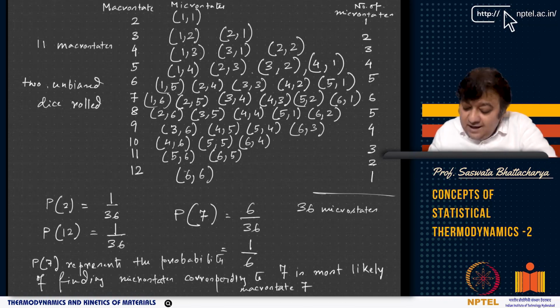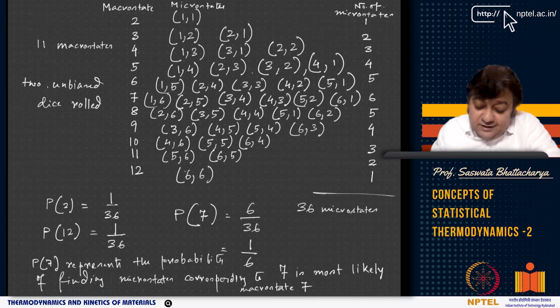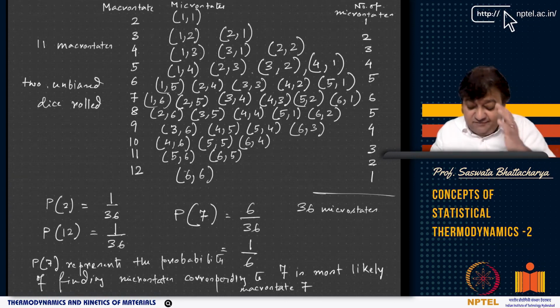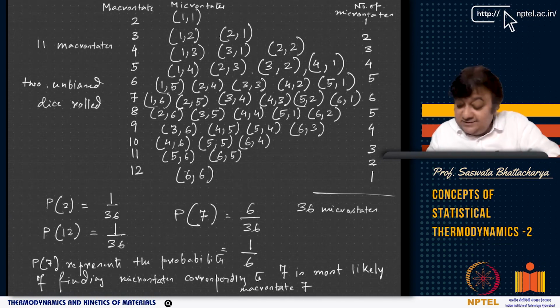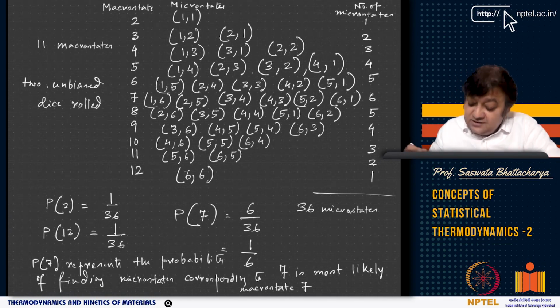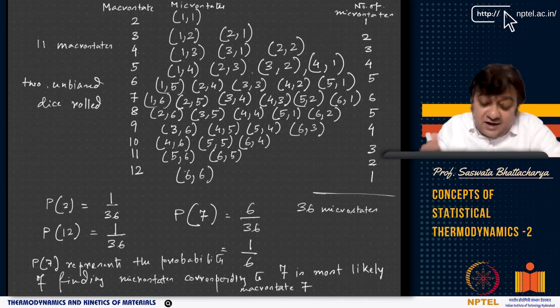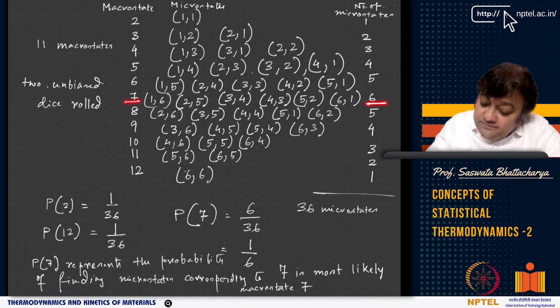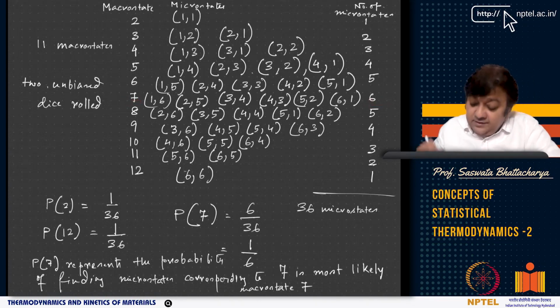Similarly, I can calculate, for example, the probability of the microstates that correspond to macrostate 2. That probability is 1 by 36. And for P12 it is still 1 by 36. However, for P7 it is 6 by 36, which is basically 1 by 6. So as you can see immediately from this chart, P7 is the most likely outcome because it has the highest number of microstates.